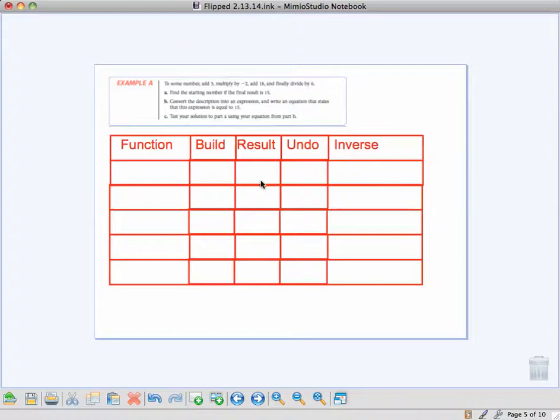So I'm going to start by saying that x, which is the result of some number, I'm going to add 3 to it. So if I'm going to build it, I'm going to add 3 and then multiply by negative 2 and then add 18, and finally I'm going to divide by 6.